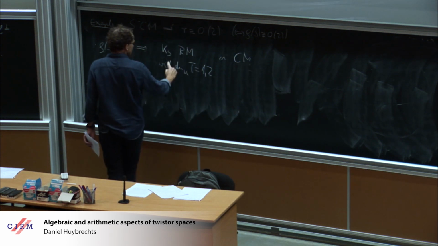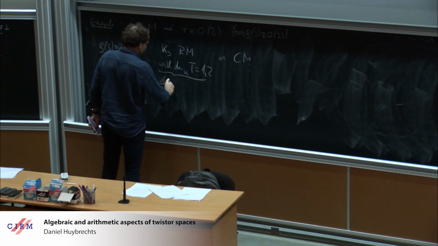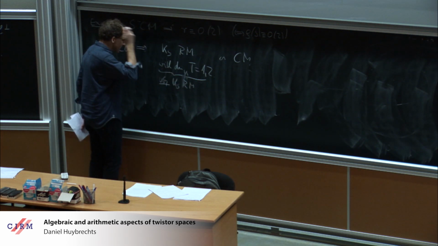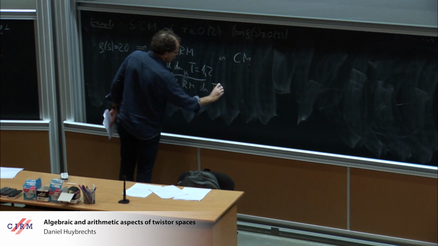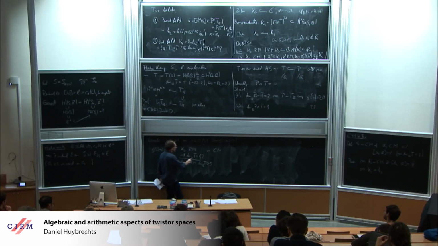And in fact, this part here is excluded. That's an observation by van Geemen. Whenever the endomorphism field is real multiplication, the transcendental lattice has at least dimension 3 over it. And hence, in this case, they are complex multiplication.